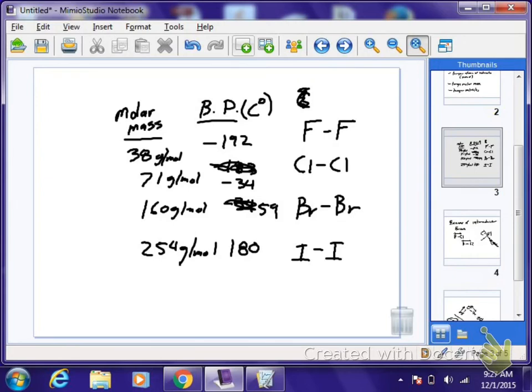No. The only thing they have going for them to hold them together is London dispersion forces. Remember we talked about the larger the molar mass, the larger the dispersion forces, right? And that correlates to boiling point. The bigger the boiling point, the larger the dispersion forces that they'll have.